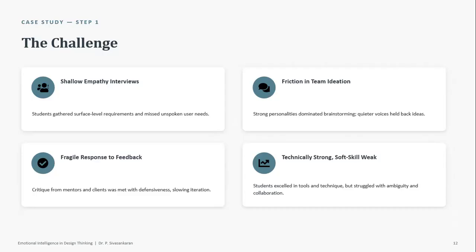Next, brainstorming sessions were dominated by only a few individuals. Students struggled to accept constructive feedback. Although technically capable, many lacked emotional resilience and collaborative skills. So these issues limited innovation.